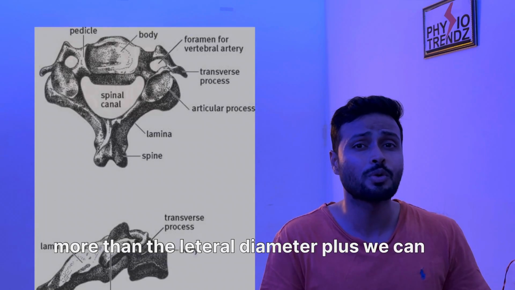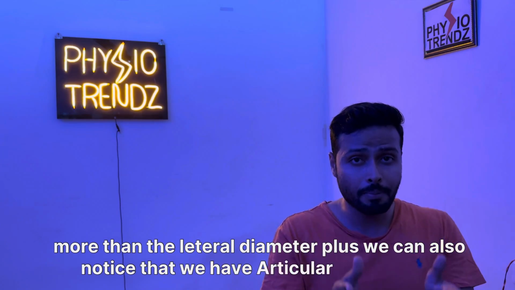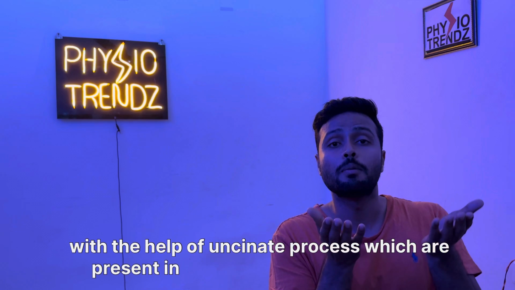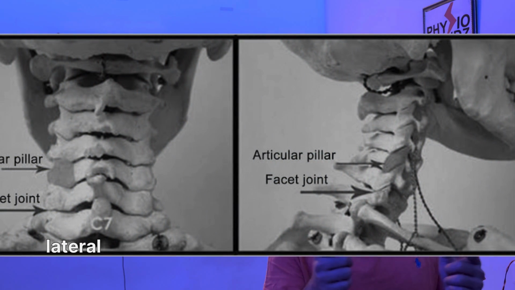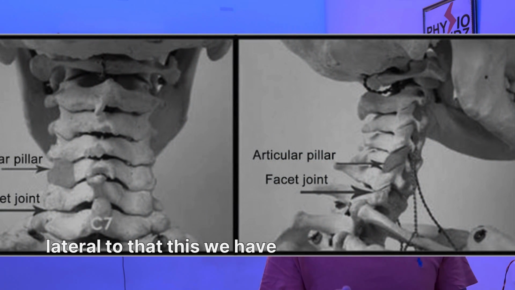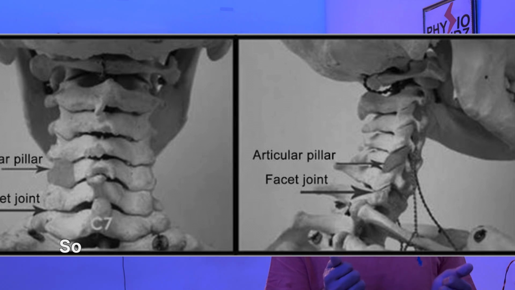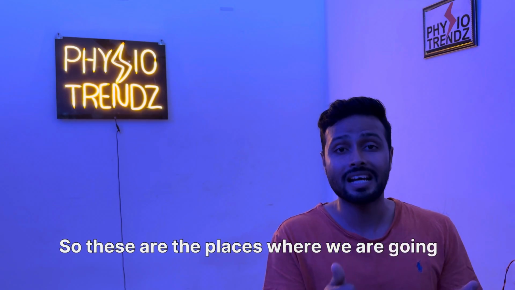Plus we can also notice that we have articular pillars built with the help of uncinate processes which are present in the vertebral bodies, and lateral to that we have articular pillars which downwards also form the facet joint. So these are the places where we are going to apply mobilizing force.